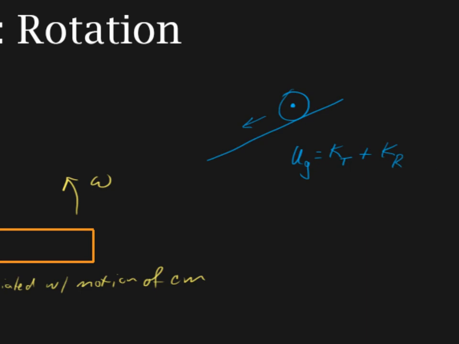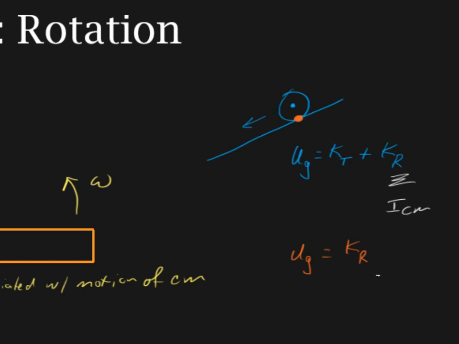But it's set up like this only because K rotational is based on I through the center of mass. What happens if you pick the point of contact as your axis of rotation? In that case, what we would get is UG is equal to K rotational, and that's it. There is no translational component to the problem.